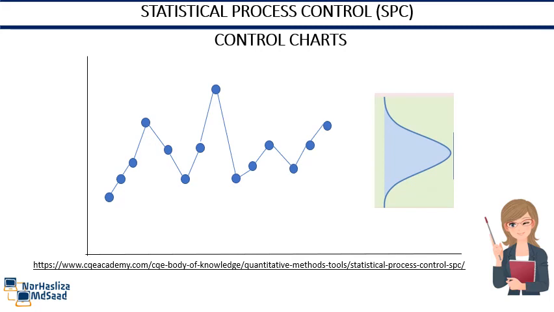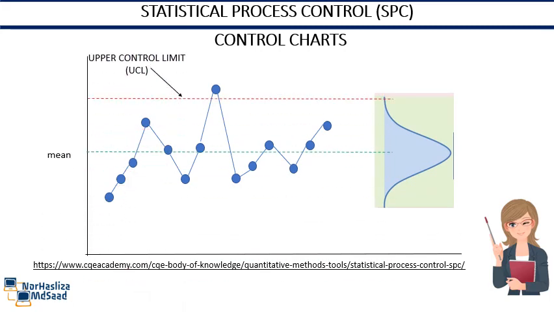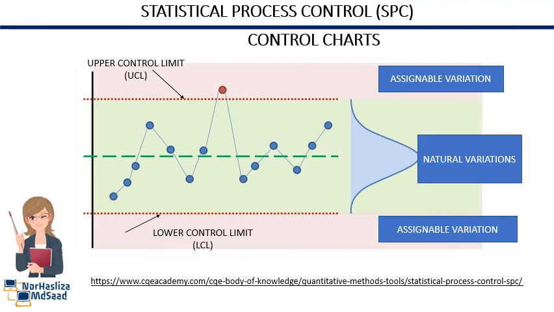If we take 3 standard deviations above the mean and 3 standard deviations below the mean, we know the upper and lower control limits. Now we can see that most of the variations fall inside the control limits.